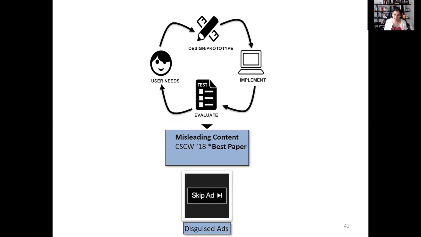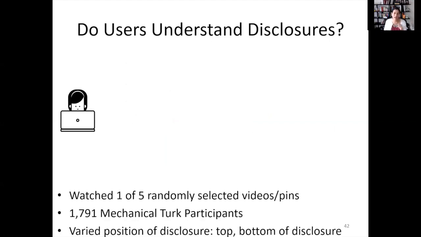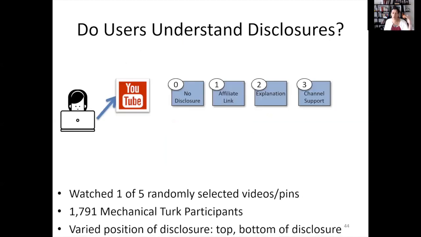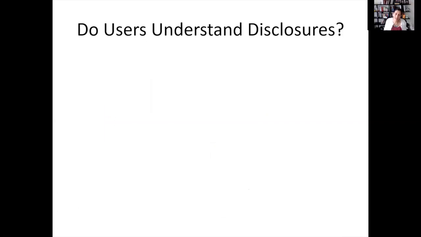We did further testing now. So we wanted to see if we could design a prototype. We first wanted to ask, do people actually understand these disclosures? And we ran an experiment on a platform called Mechanical Turk, where people basically either watched a video with one of these types of disclosures or no disclosure, or they saw a pin with one of these types of disclosures or no disclosure. And again, we asked the question, if you have one of these disclosures, which one do people understand?